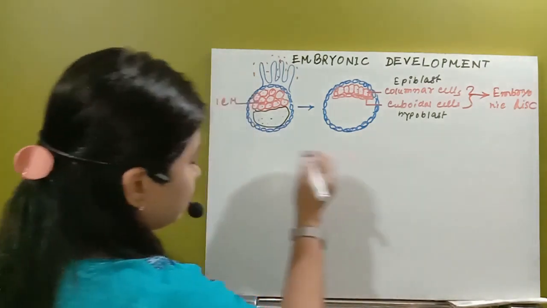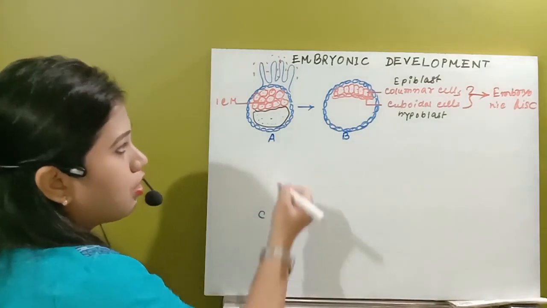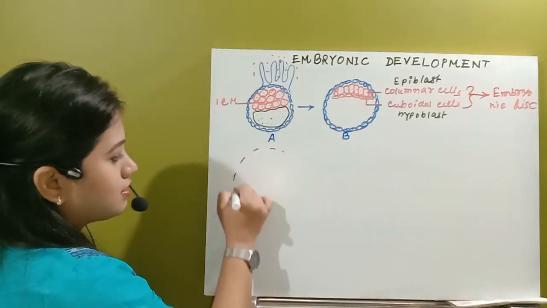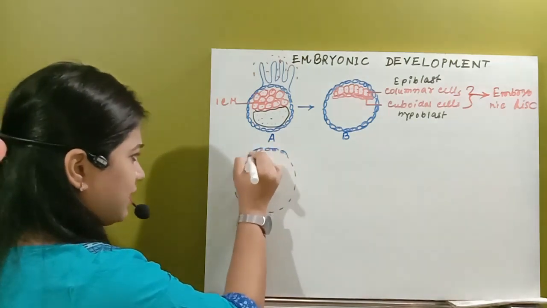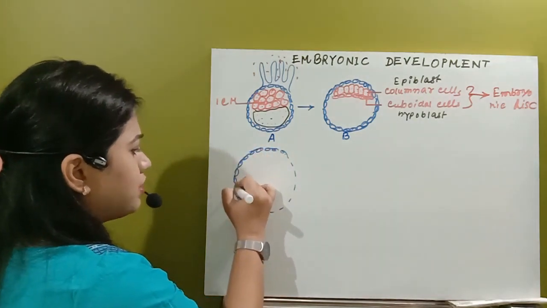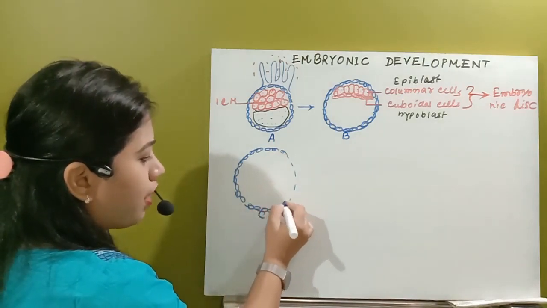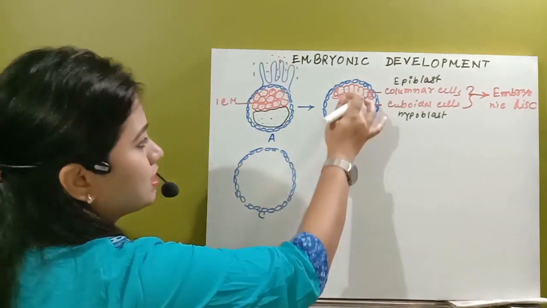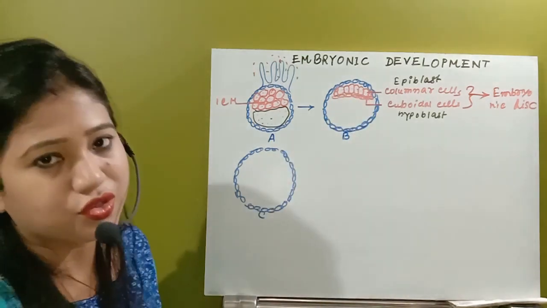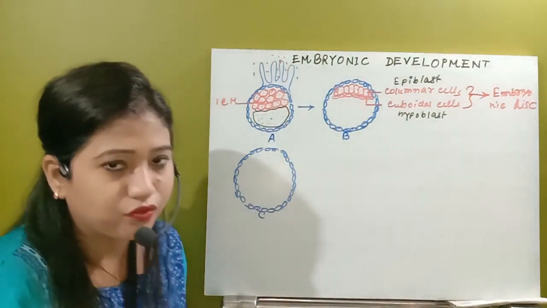Now just see what happens next. In that next stage, see, this is A, suppose this is B, this will be C. What happens in the trophoblastic cell layer? That will remain outside, that will still be present. Now this embryonic disc, at one period of time, will slightly descend towards the dorsal line, towards the middle region, they will slightly go downward.